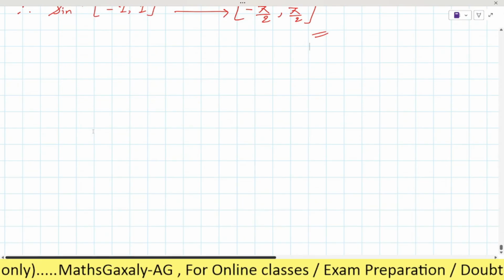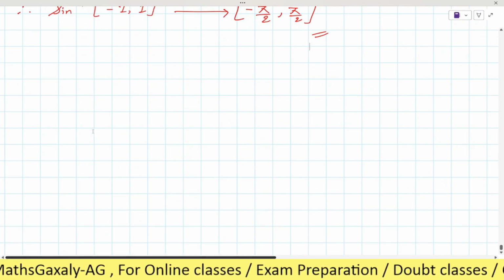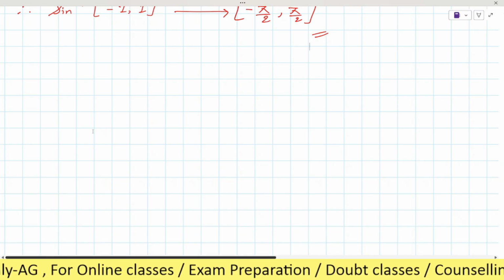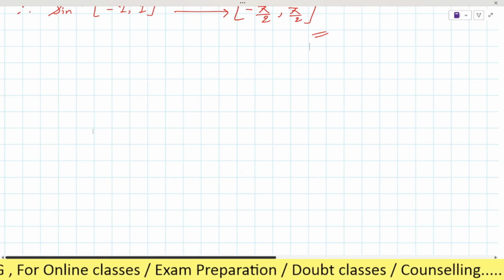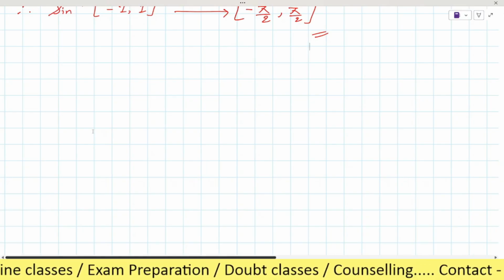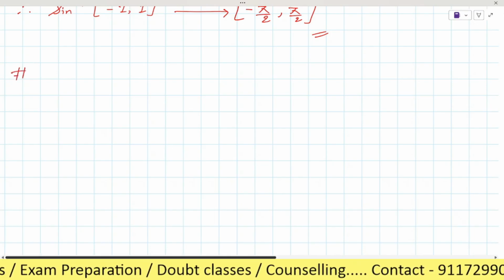No doubt. Okay. Now there is a trick through which you can easily remember whose domain will be negative and whose range will be negative, and whose domain will be negative and range will be positive. Here you can categorize it in two groups.